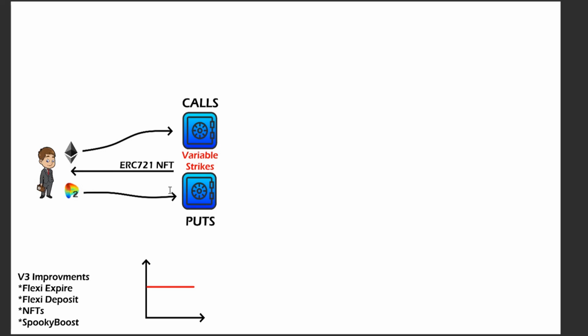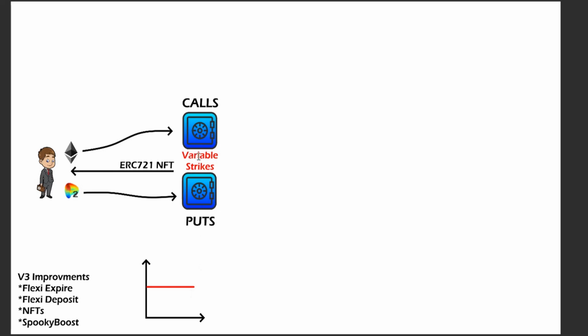They have some NFTs, these ERC20, that give you back an NFT now to represent your position. And then they have this spooky boost, where if you have the Halloween NFT collection that they made before, you can get some boosts on your yield from depositing. When you put your assets into one of these vaults, you have to choose a variable strike.